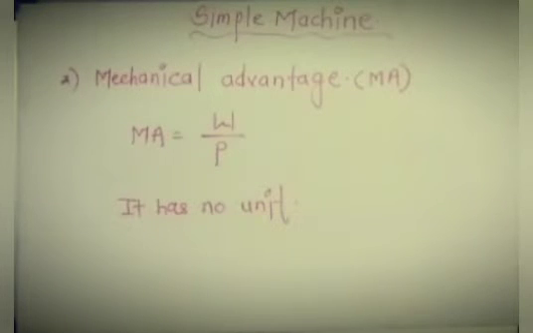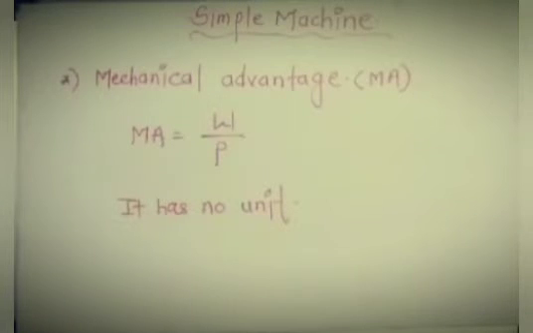So that mechanical advantage can be denoted by MA, that is MA is equal to W upon P, and it has no unit. Why? Because load is also measured in Newton, effort is also measured in Newton, so Newton will get cancelled, so it has no unit. So it is very simple. Mechanical advantage is defined as the ratio of load lifted to the effort applied.